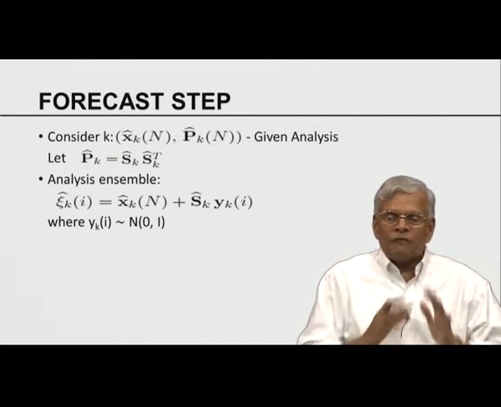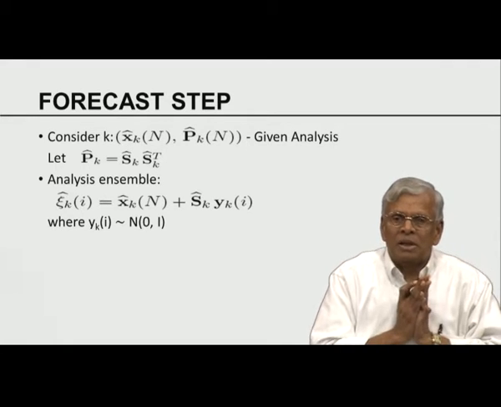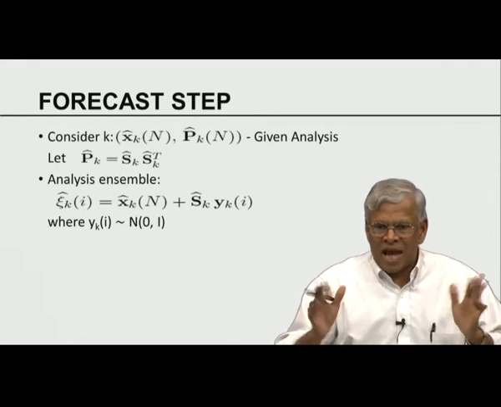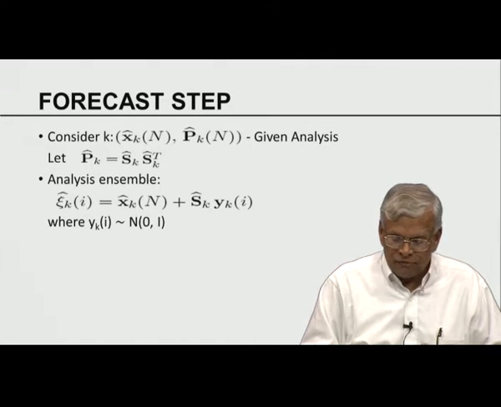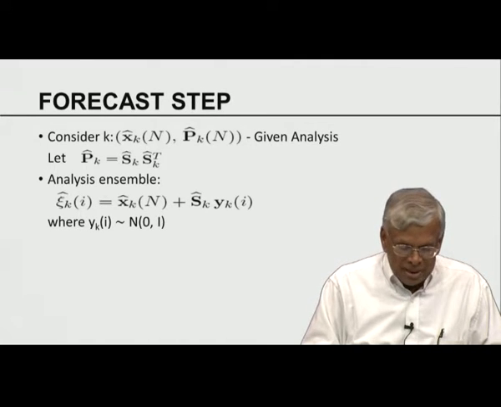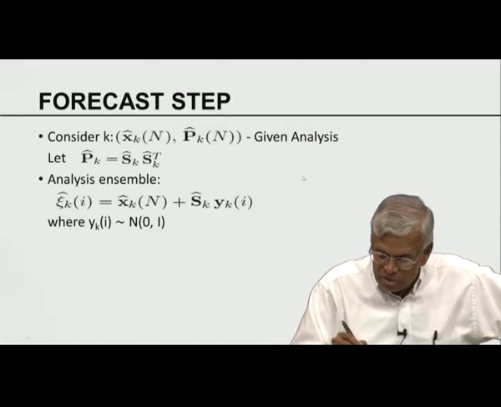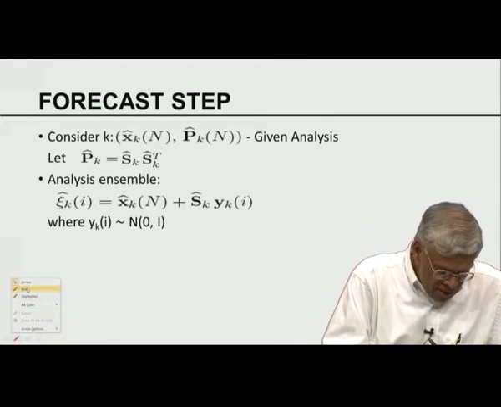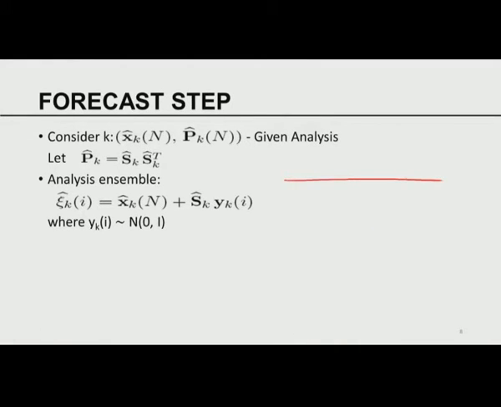So if I know how to create the initial ensemble, I can fast forward in time. What can I now assume? Let us assume at time k I have the analysis ensemble.